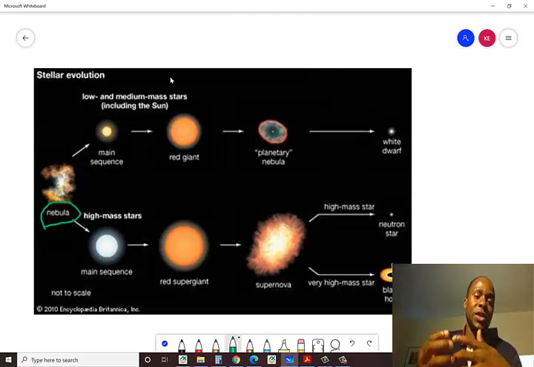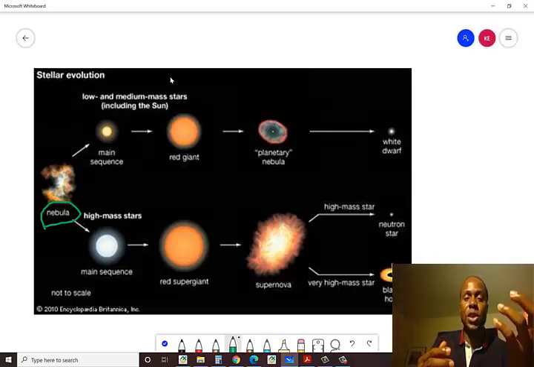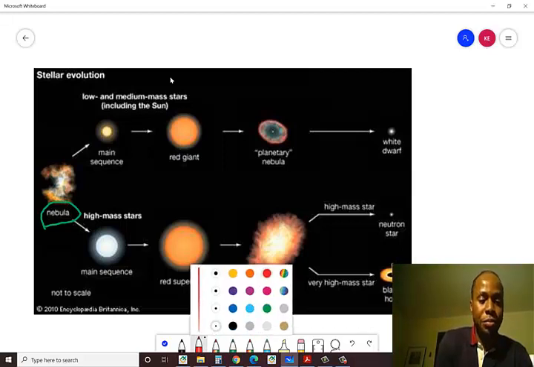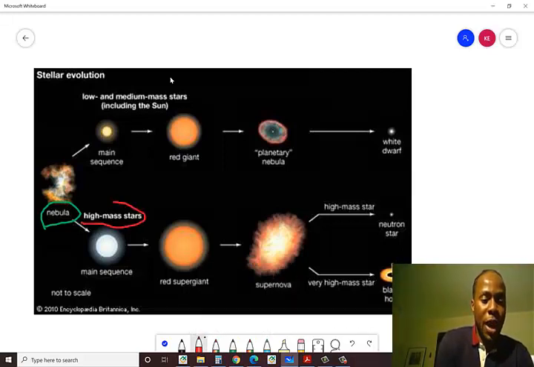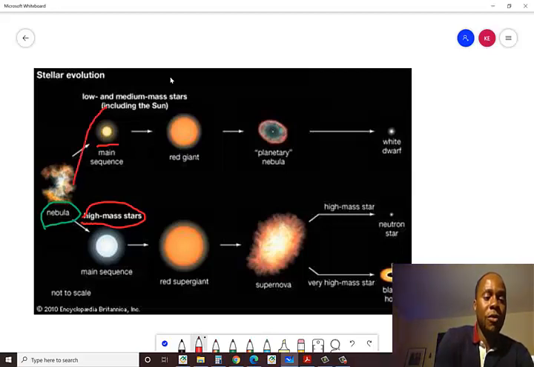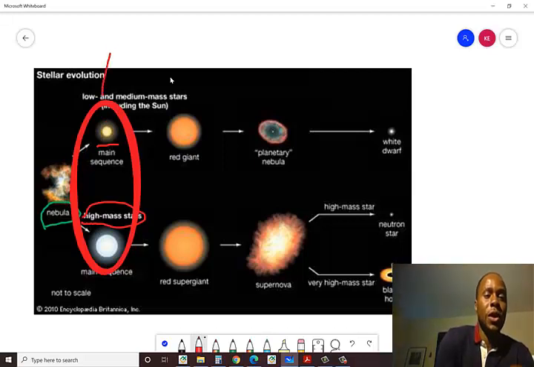Now, based on the mass of that star, it could either be an average star or a high mass star. That is the main difference to note. So this would be a high mass star, and this would be an average star, just like our sun. At this point, all of these are in the main sequence of a star.